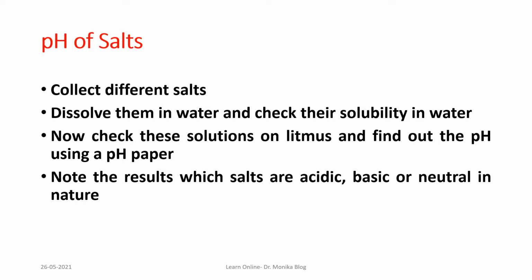After that, you need to check these solutions on litmus paper and find out the pH using a pH paper. After that, record the results: which salts are acidic, which are basic, and which are neutral. So this is how you can find out the pH of your salts.